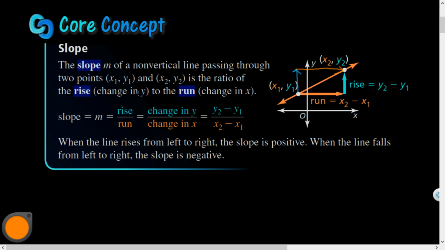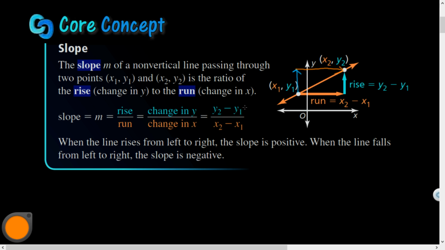So the rise is the change in y, to the run, the change in x. Rise over run, that's often a way that I'll describe slope for us. I think that's easier to think of than change in y over change in x.